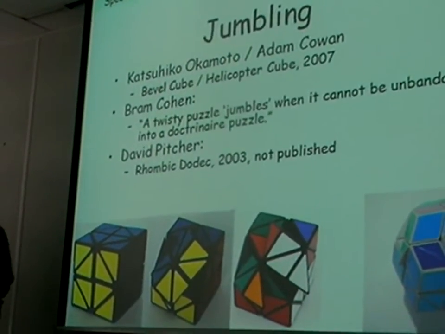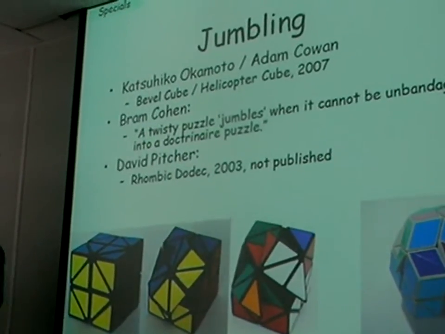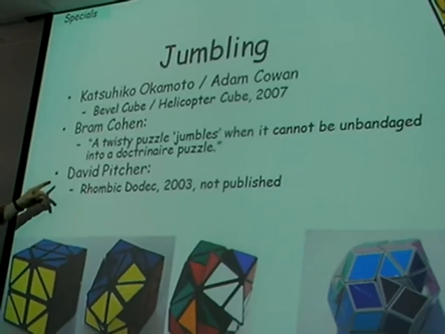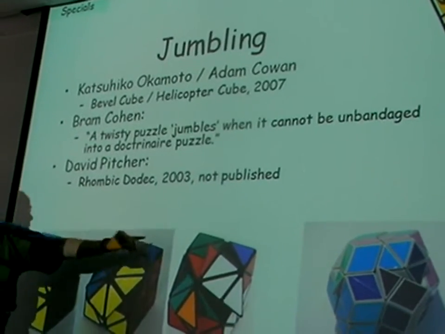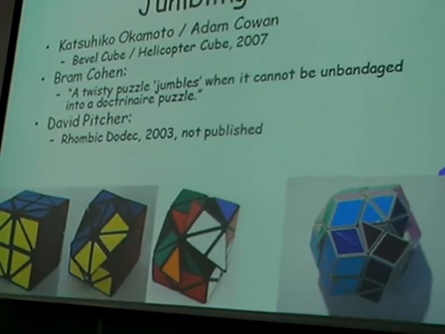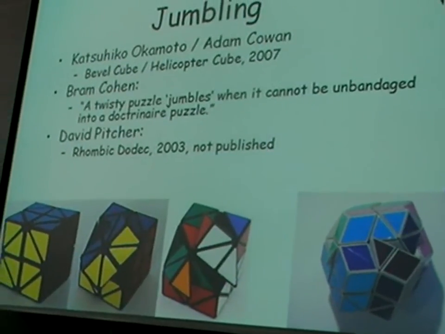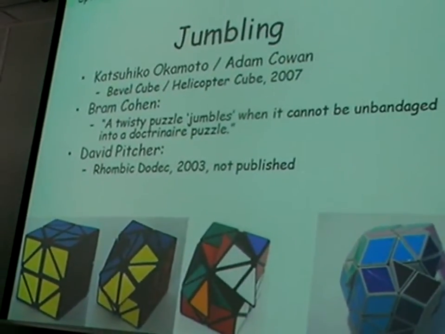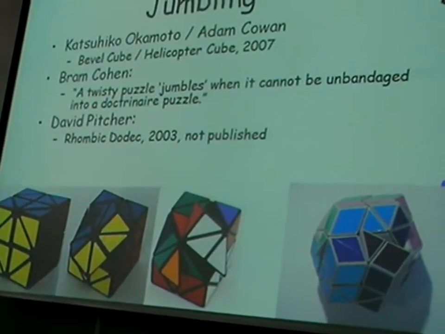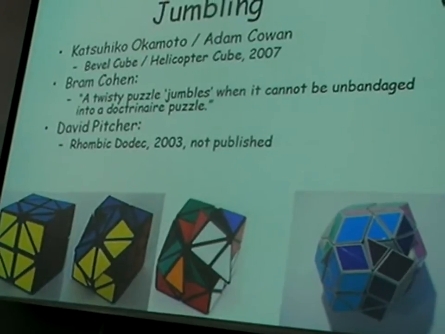Even though Okamoto and Cowan are known as the first discoverers of the concept of jumbling, it was actually David Pitcher who built his rhombic dodecahedron in 2003. I believe he published it just 2 months ago. But this was the first jumbling puzzle that antedates the other one by several years.